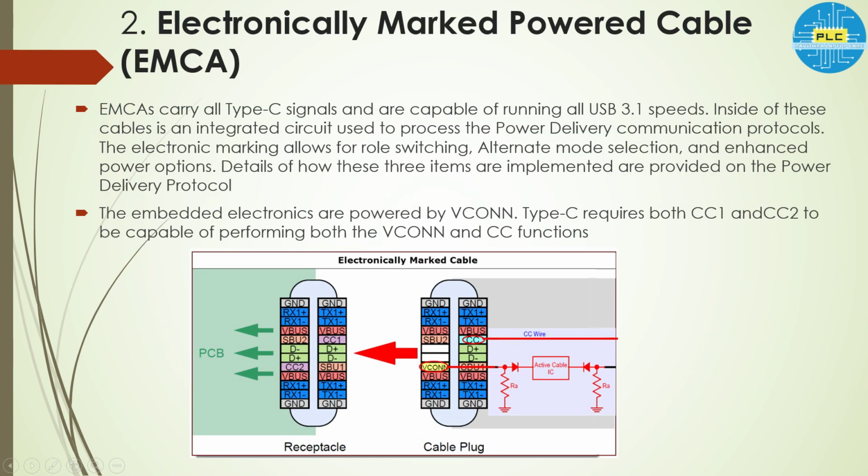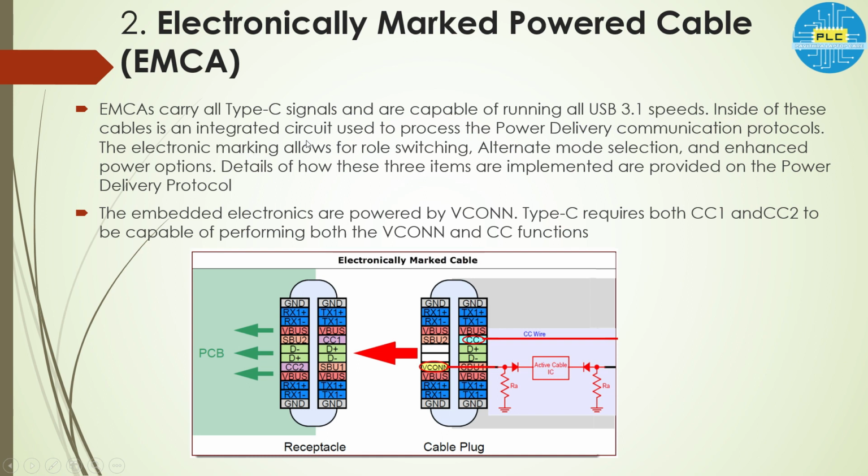Now the second one is a very important thing. What laptop power adapter are we using? In that we are using this particular cable. What is that? Electronically marked powered cable, EMCA. EMCA carries all types of signals and is capable of running USB 3 speeds.